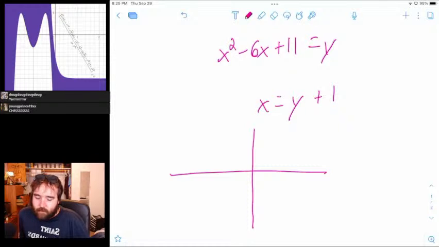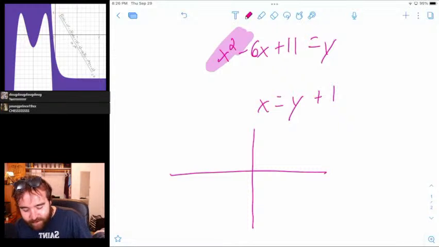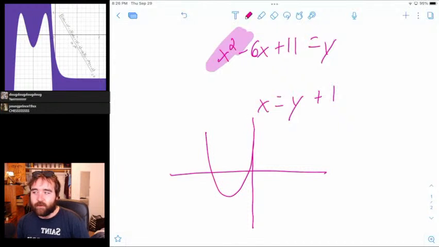All I'm worried about is just the general shape. Is it a diagonal line, right? No. It's x squared, that means, oh no, is that a parabola? That's a parabola. Yeah. Okay. So x squared is a parabola. The bottom one is a diagonal line.